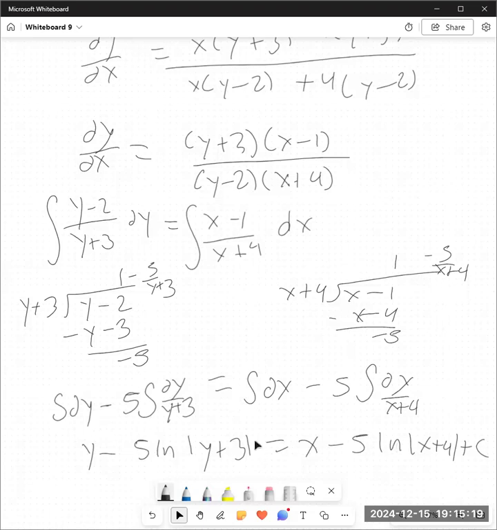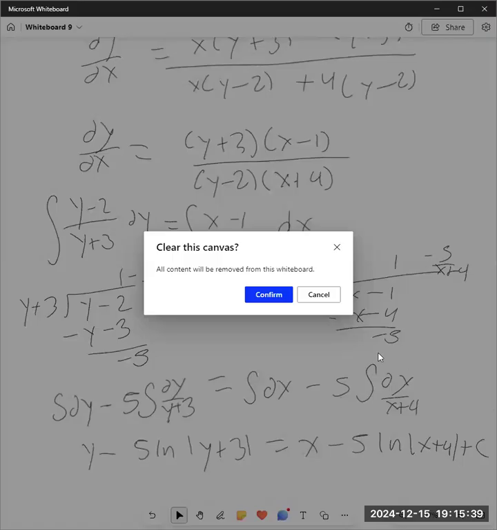The book gets the ln's on the same side, brings the exponents up, writes it as division of logs, and then does some work there to rewrite it in exponential form. Really, not a whole lot more I think that we need to show there, though. But that's the main part.